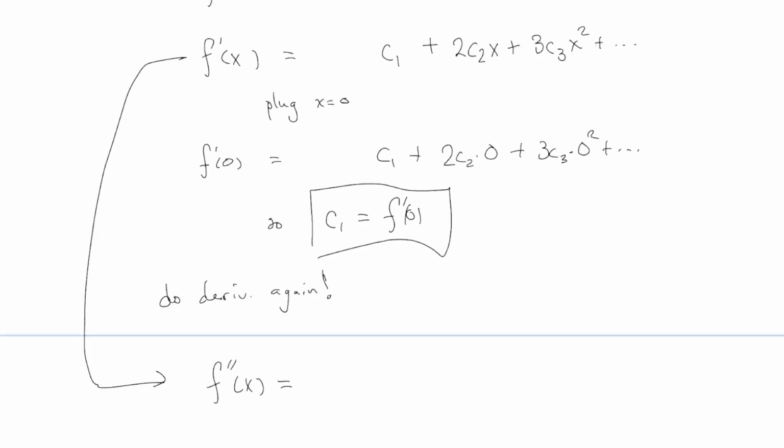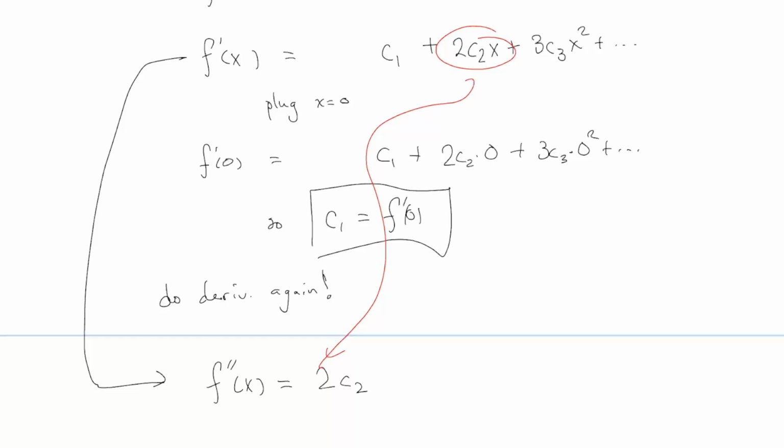Next, I have 2c2 times x. Taking the derivative here gives me 2c2. That comes from the derivative right here.